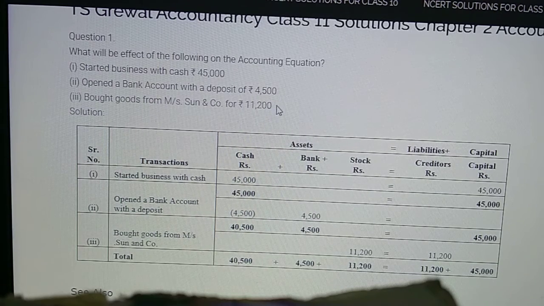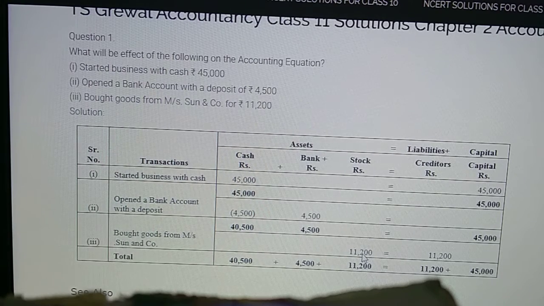It's a very important point we need to know when you buy anything. There are two terms. One, you give the cash and buy a particular thing. Similarly, you may buy something but not pay the cash. In this statement, nothing is written about the cash, which means you did not pay the cash. So you have bought assets of 11,200 but you did not pay, so you need to pay.